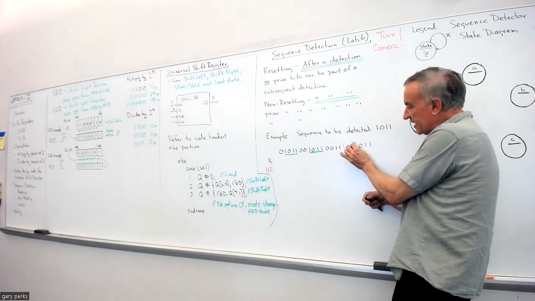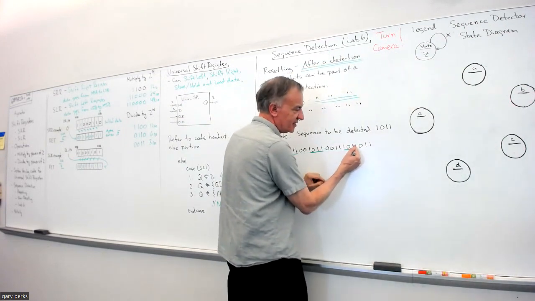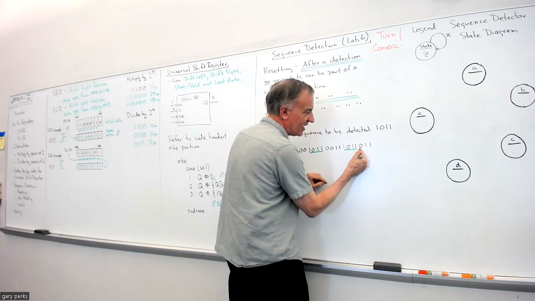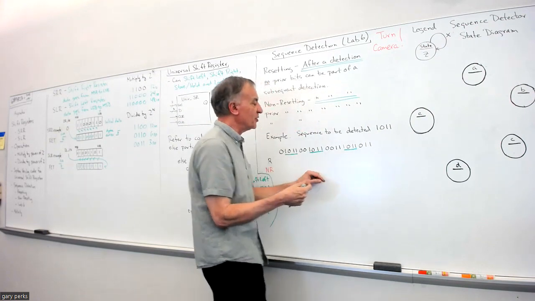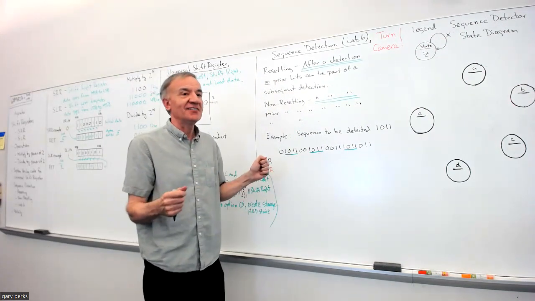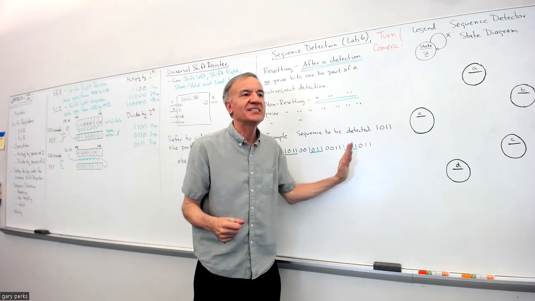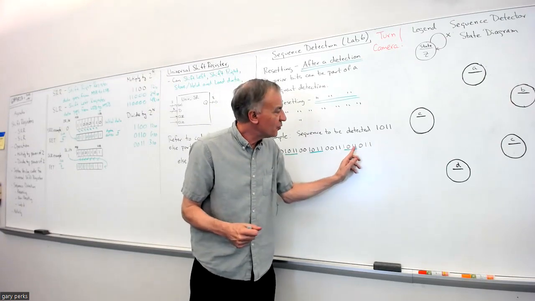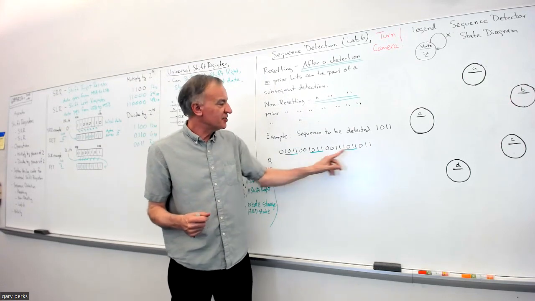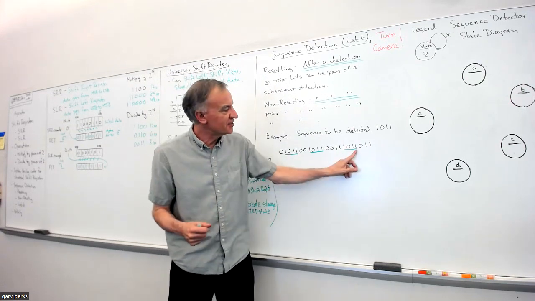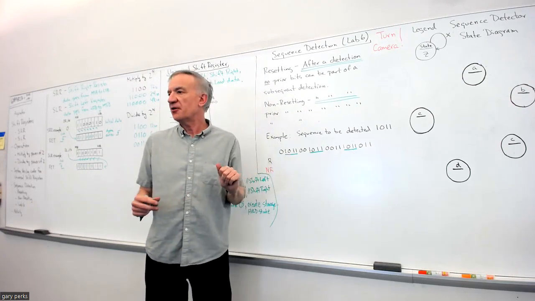Now, if I counted this 1 that's part of this detection with these 3 bits, that would be another detection. But with resetting, you can't do that. With resetting, you can't use any prior bits for a subsequent detection. So this 1011, if we're doing resetting, would not be a detection. We would only have 3 detections. This would not count because I'd have to use a prior bit to get that 1011.